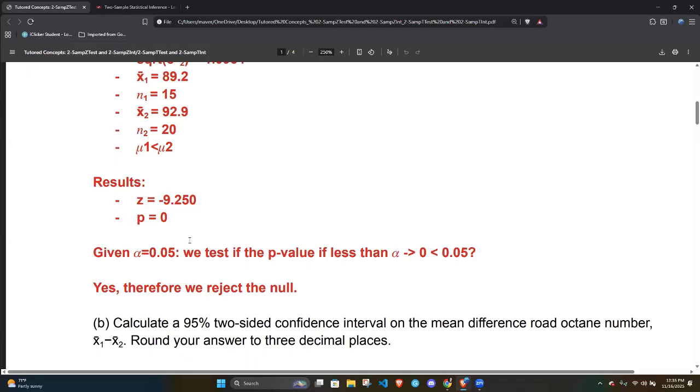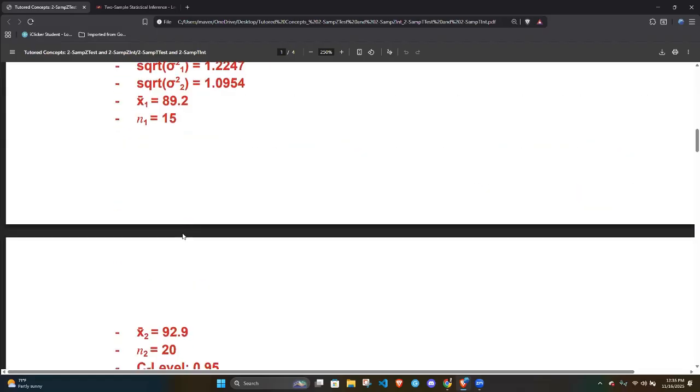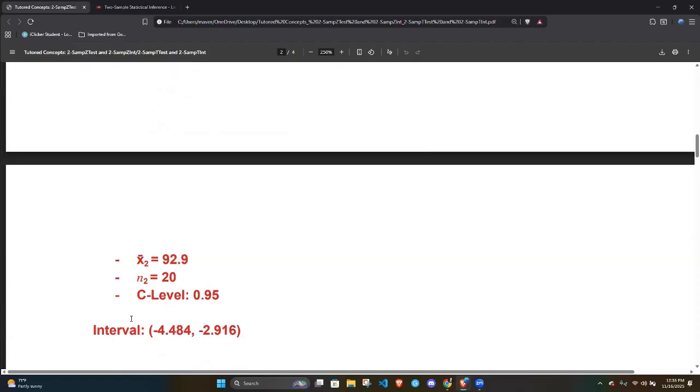And we can provide all the same necessary information, but additionally, we provide the confidence level of 0.95 since we're calculating a 95% two-sided confidence interval. So if we provide all this necessary information and press enter, we should get our desired interval of negative 4.484 all the way to negative 2.916.